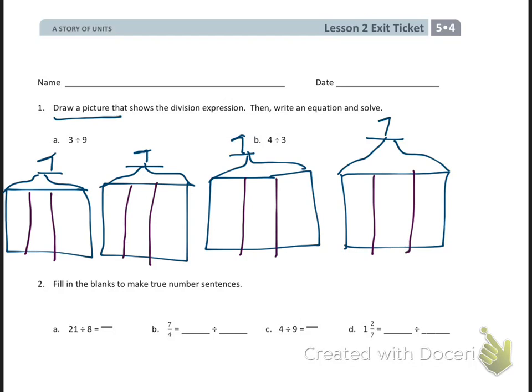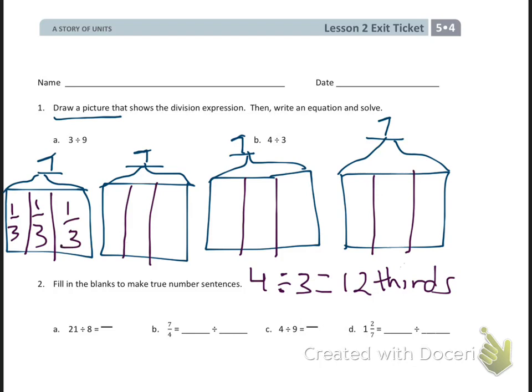So now, instead of 4 divided by 3, I can just say I have 12 thirds, right? Because this is 1/3, this is 1/3, this is 1/3, and if I added them all up, there's 12 of them. So 12 thirds divided by 3, okay?